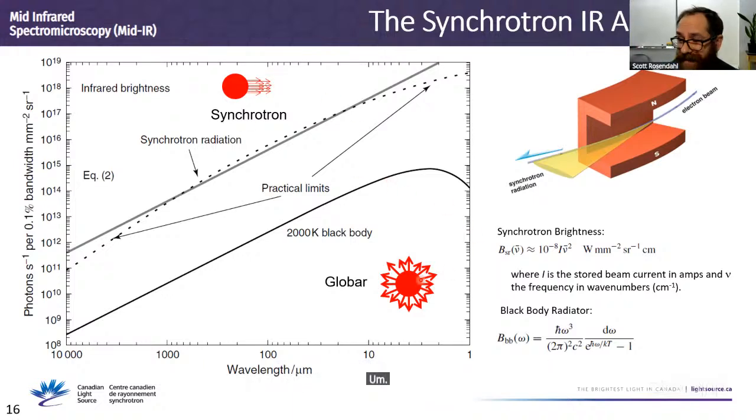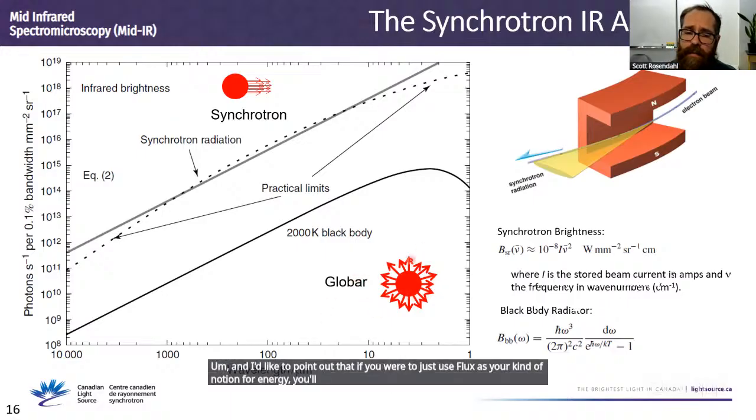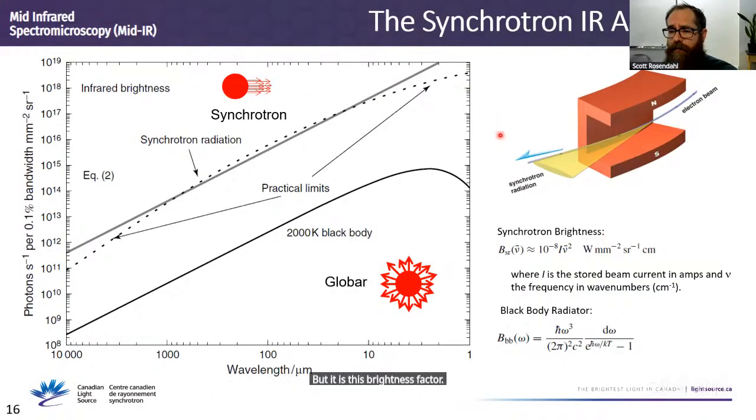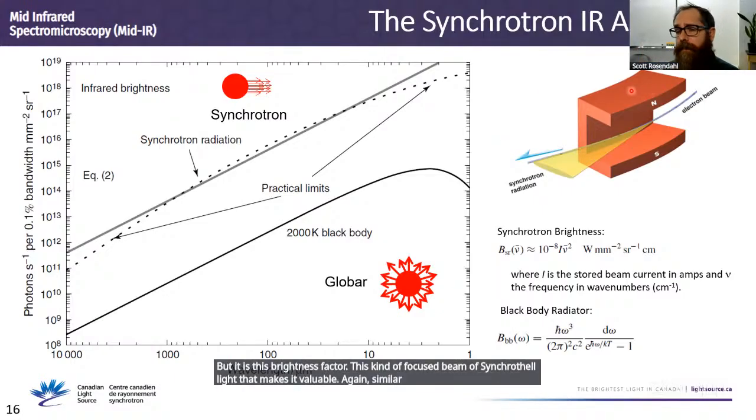If you were to just use flux as your notion of energy, the glow bar actually produces more photons in more directions and has a higher flux overall compared to the synchrotron. But it is this brightness factor, this focused beam of synchrotron light, that makes it valuable. Again, similar to a laser.